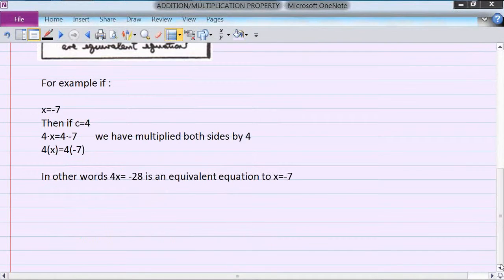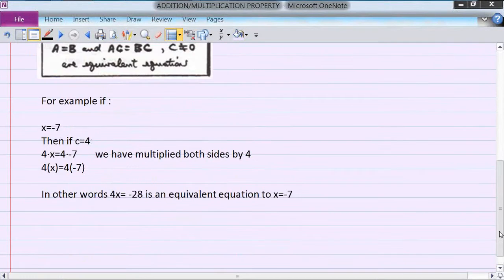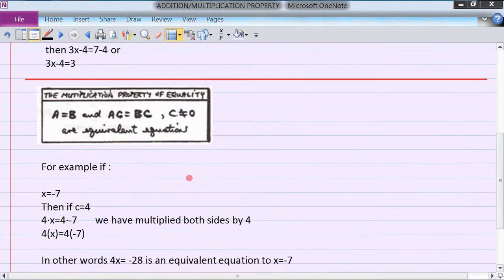I do it for multiplication. What I do to one side of the equation, A equals B, I multiply the left side by C, then I must multiply the right side by C.